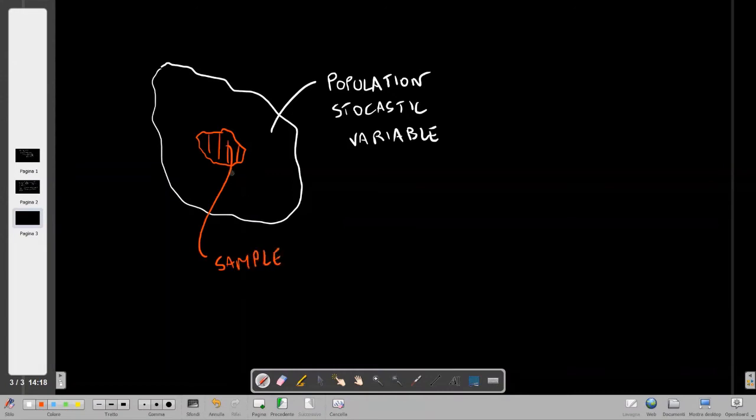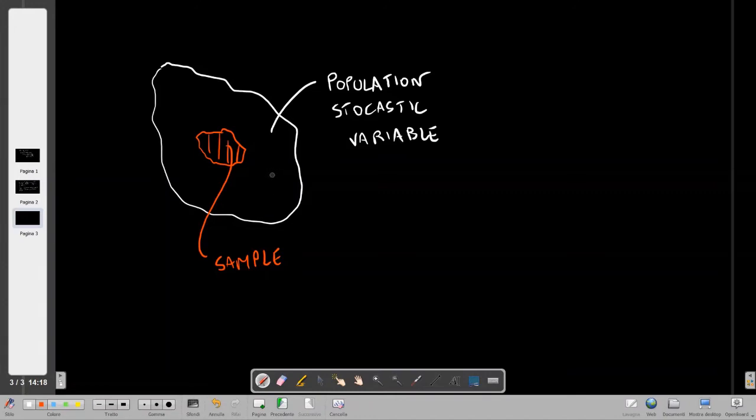So the sample is characterized by two main features. The first one is that it is smaller than the population. So the sample is a series of realizations extracted from the population.